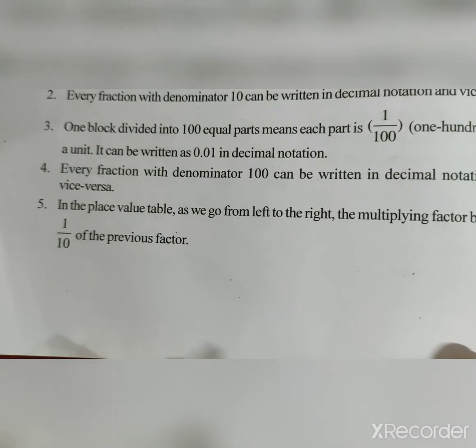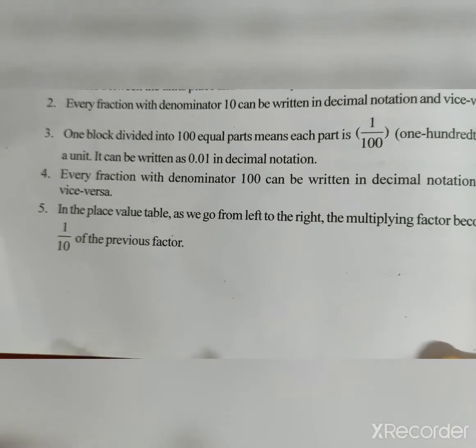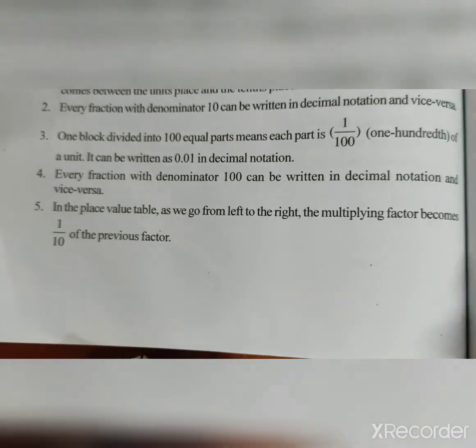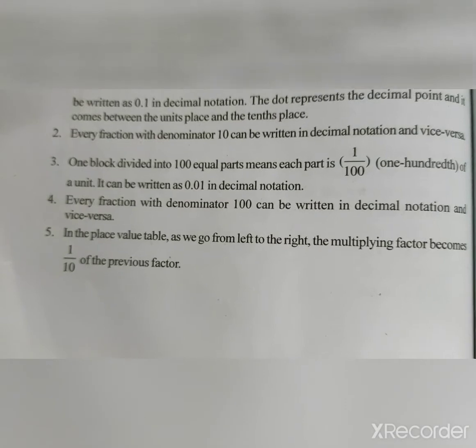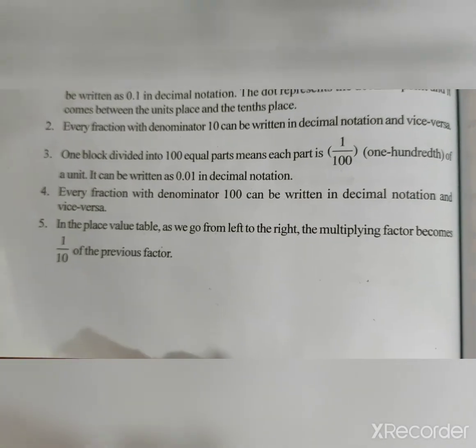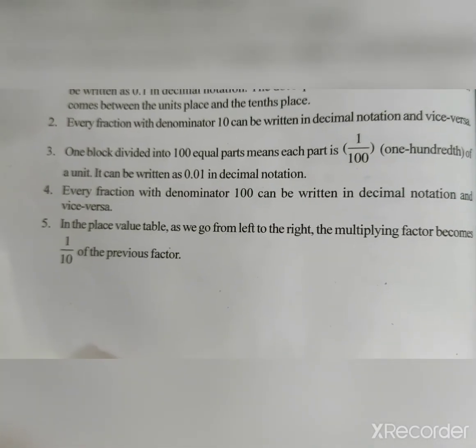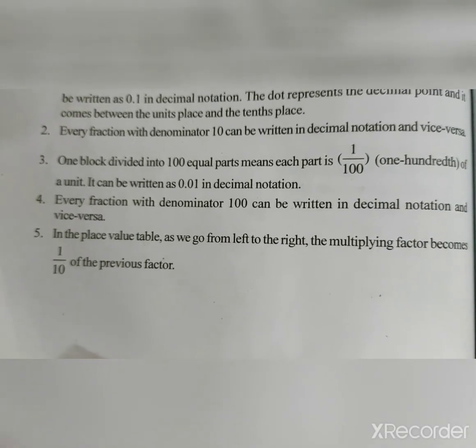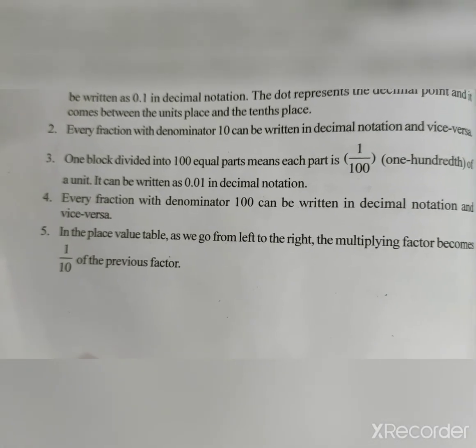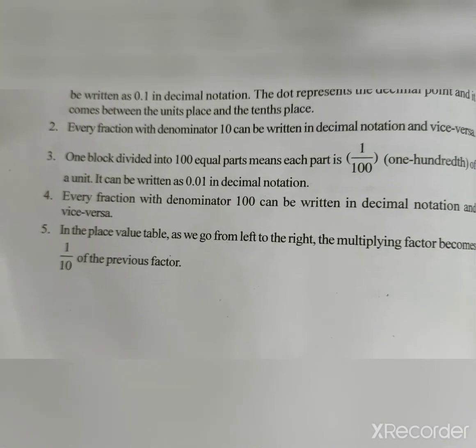In the place value table, as we go from left to right, the multiplying factor becomes 1 upon 10 of the previous factor. Suppose 23.20. So 3 ones, 2 tens, and then 2 tenths and 0 hundredths, in this way.